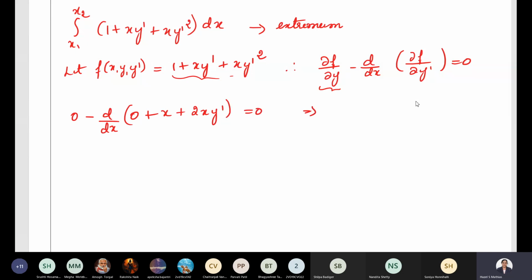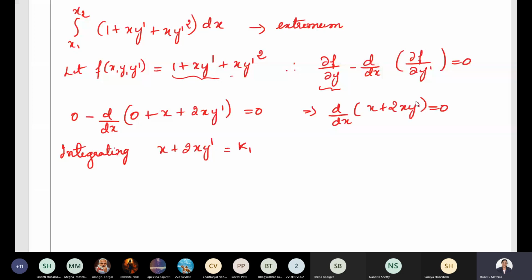So in other words, d by dx of x plus 2x y dash equal to 0. Next, we integrate. On integrating, x plus 2x y dash is equal to some constant. Let's take this as k1.